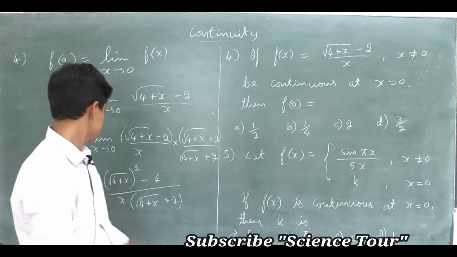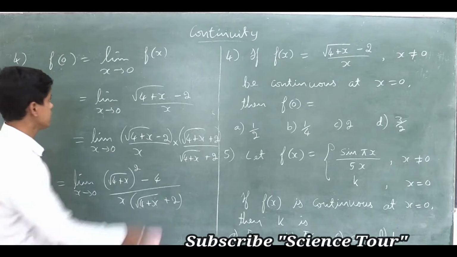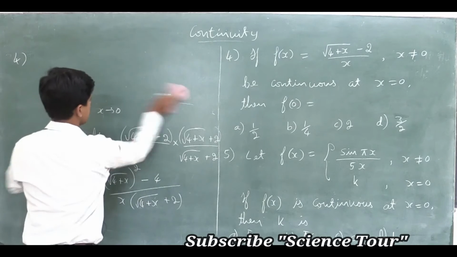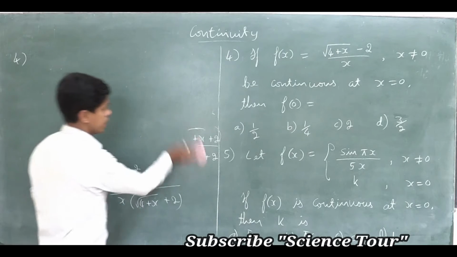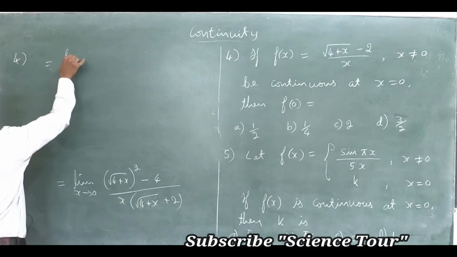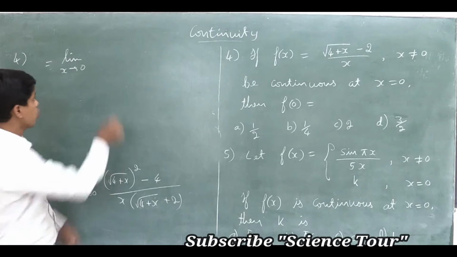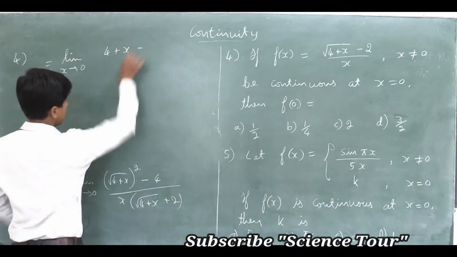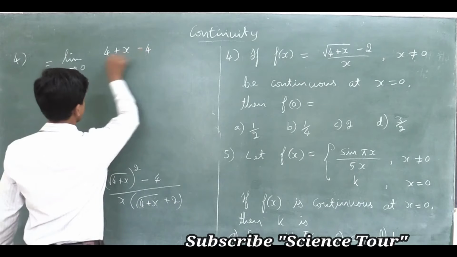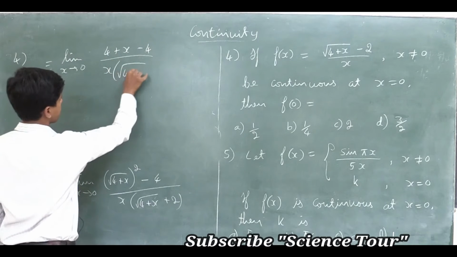Now, what about this term? Square root and square will cancel each other. Hence, you will get a simple term there. So this is equal to limit as x tends to 0, 4 plus x, and you have got minus 4 here, and the denominator is unchanged.